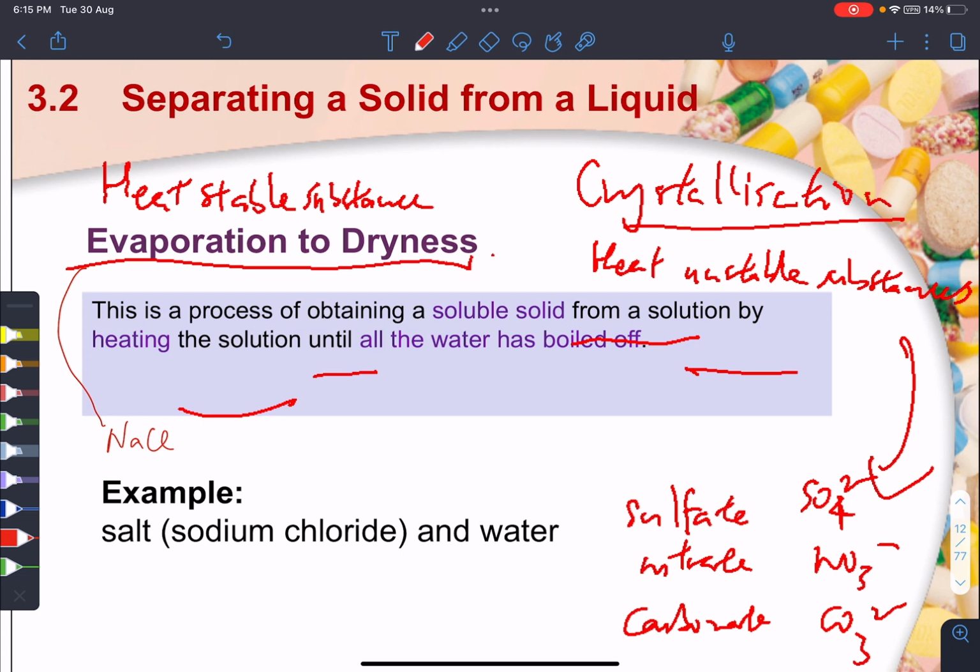But if you can heat the sugar in some way, you can get caramel, some very interesting thing. So that is the difference between crystallization and evaporation to dryness. But good news, in O level, only NaCl should be evaporation. The rest you can go ahead and do crystallization. That's pretty safe.